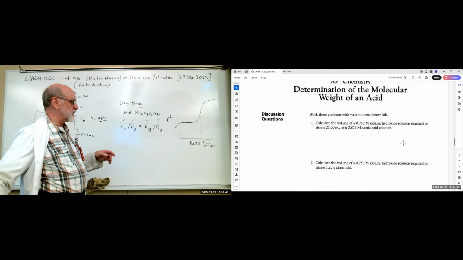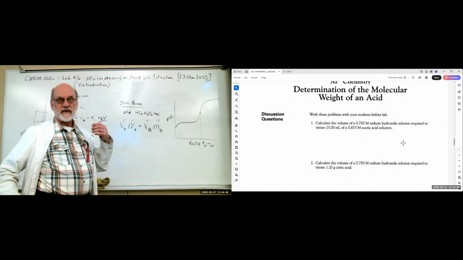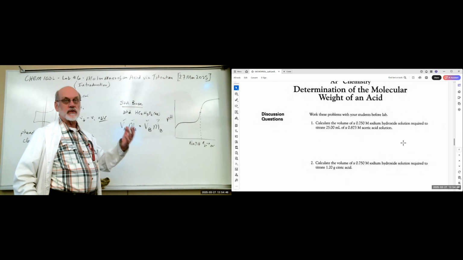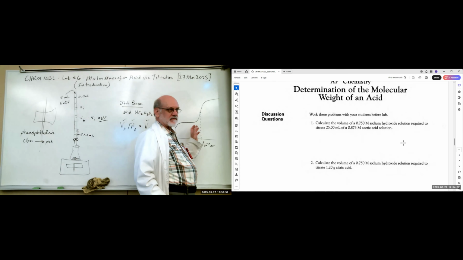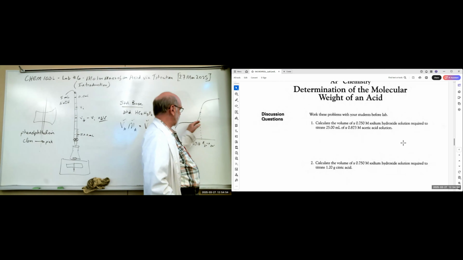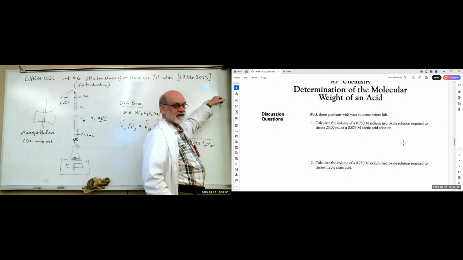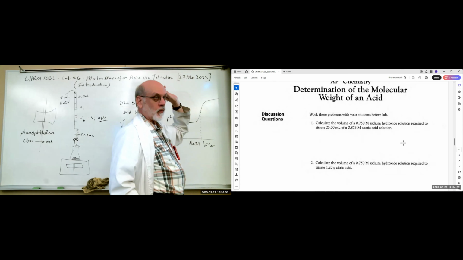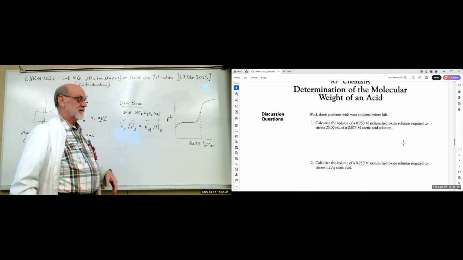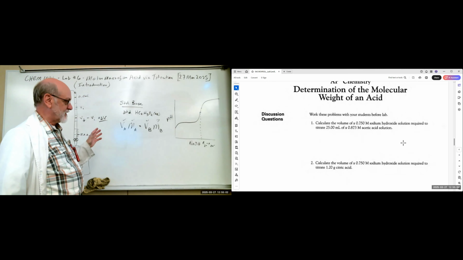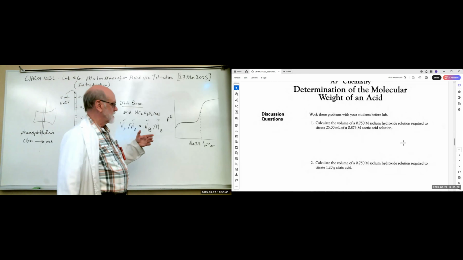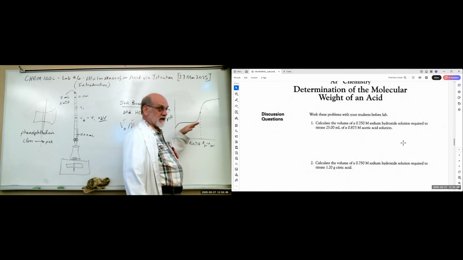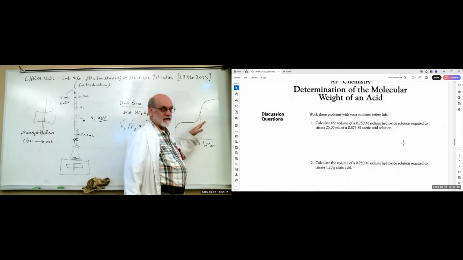The biggest problem, especially for newbies with these titrations, is they overshoot. Instead of adding one drop, they add a mil, and it goes up here all of a sudden. You've way overshot it. The only thing that determination tells you is to go to this amount, and you better not go fast after that.